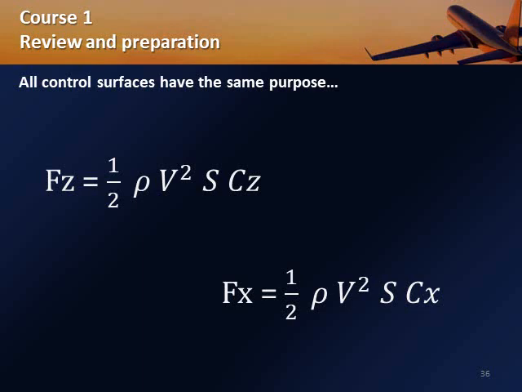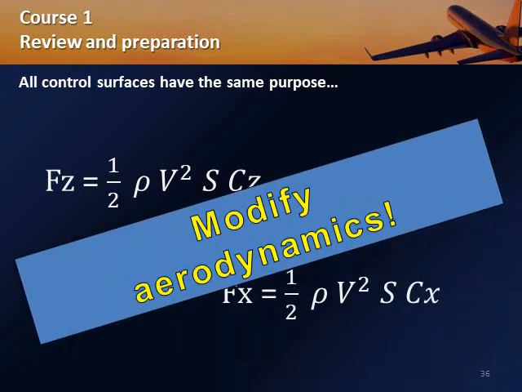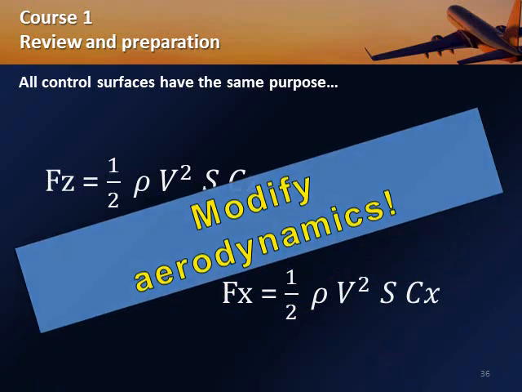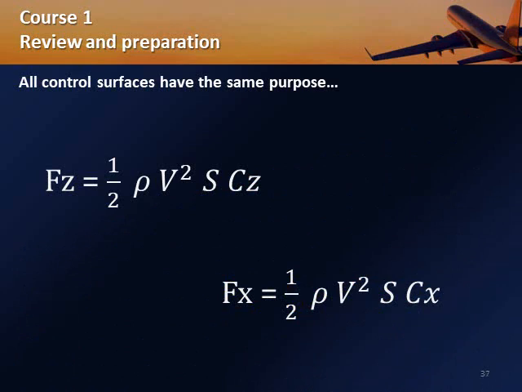All control surfaces have the same purpose. What's that purpose? Actually, to modify aerodynamics. What we want to do is either reduce or increase the drag, sort of. You've probably seen this formula already in your aerodynamics class: Fz being the lift and Fx being the drag.